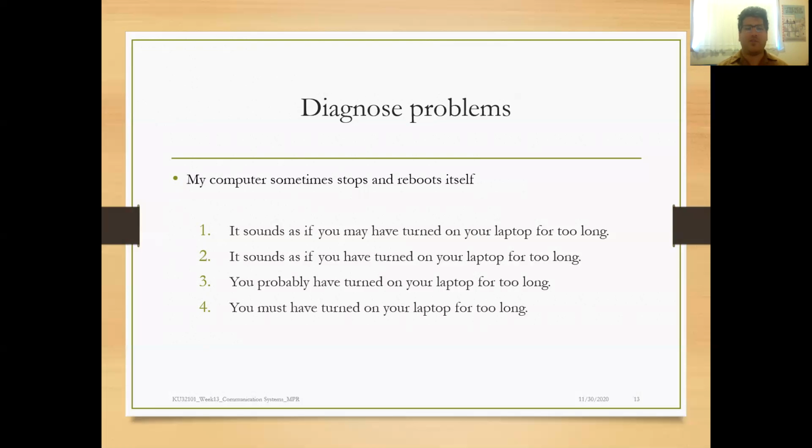You must have turned on your laptop for too long. So we have the different degrees of certainty. May have is like could, sounds as if, likely, probably, more certain than likely. Okay, you must, certain.